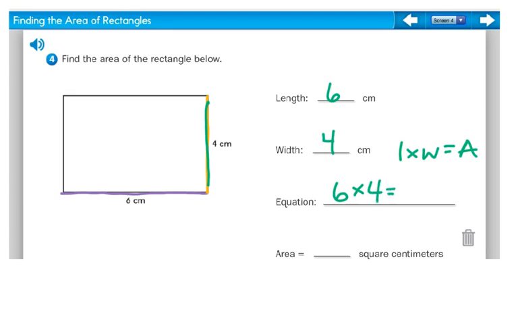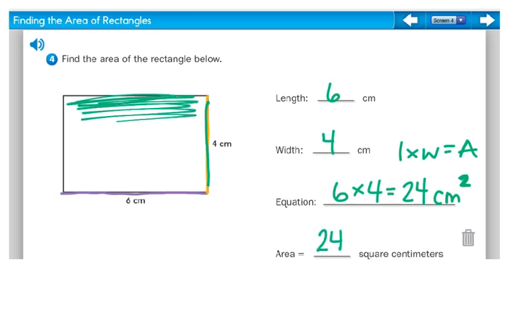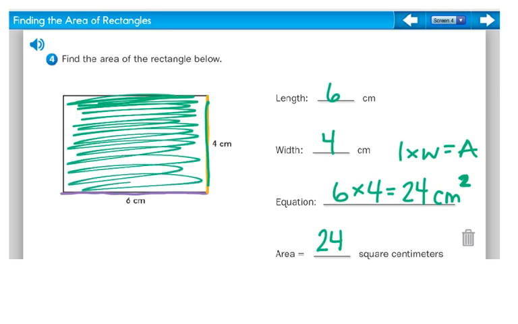And again, we need to know those facts. 6 times 4 is 24. We can write that square centimeters, or we have a little bit of an abbreviation. We can also write centimeters squared with this 2 that's raised up a little bit and written a little bit smaller. It means the same thing as square centimeters. Our area inside. Remember, area talks about everything inside of this rectangle.